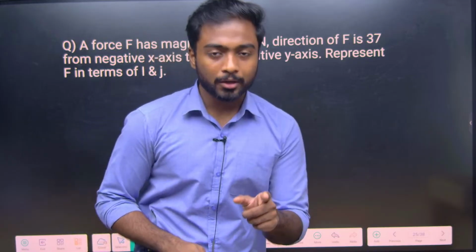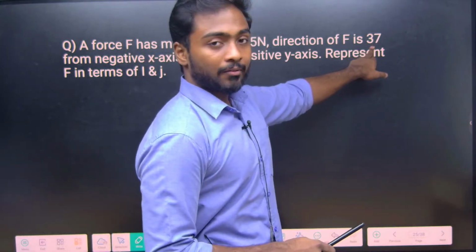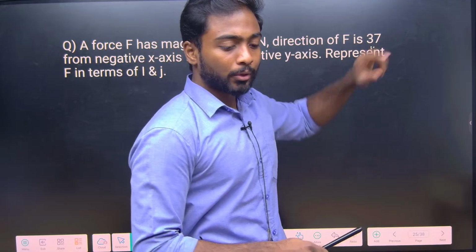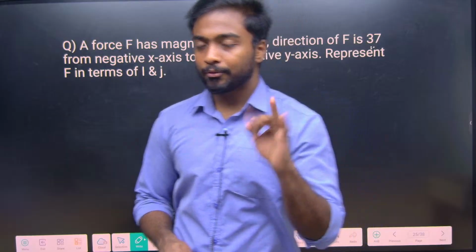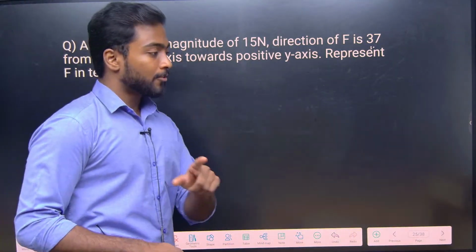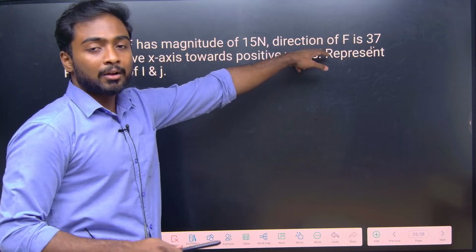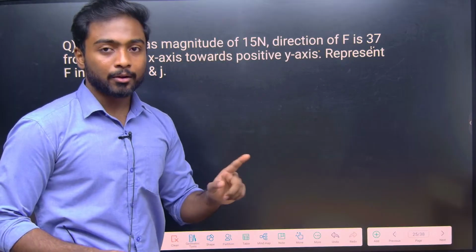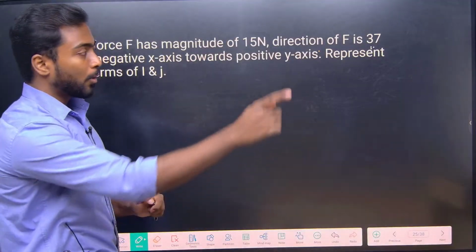I have told you that most of the questions can be asked on 37 and 53, so remember the 3 4 5 triangle. Whoever attended the first class of this bridge course would have got this and how to take the angle. No need to worry, I'll tell you how to take that once again.